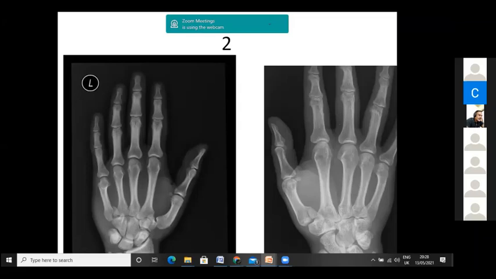Any idea? No, sir. Srijit, any idea? No, sir. Okay. Anybody? Varsha? No, sir. No? Okay. So we'll show you this.